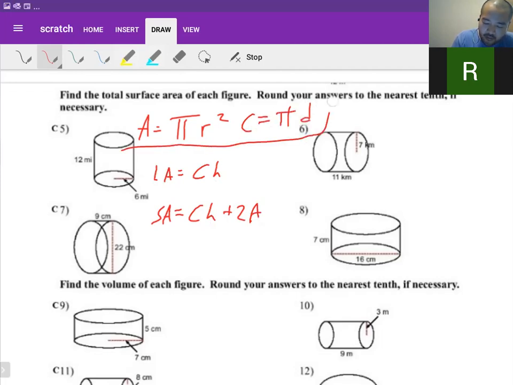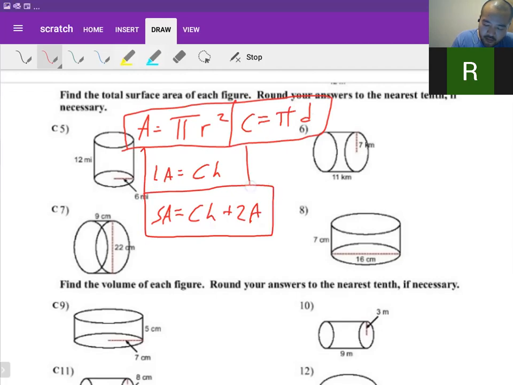So these are the 4 formulas. Actually, there's one more formula. And then there's also volume. I think it's just area of the base times height.